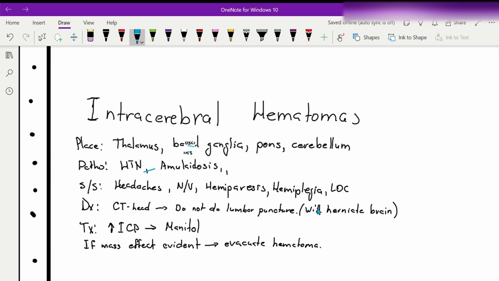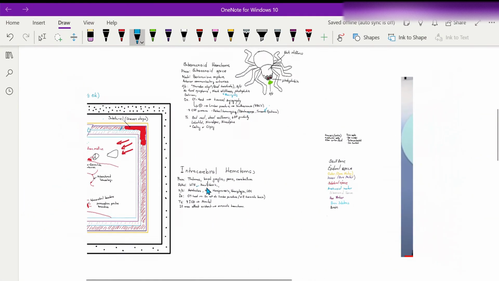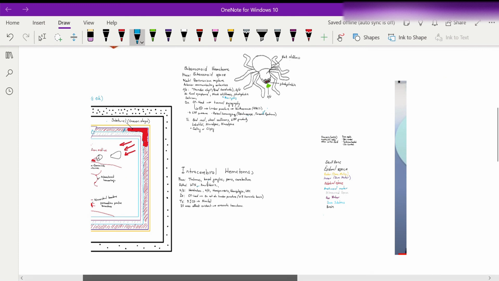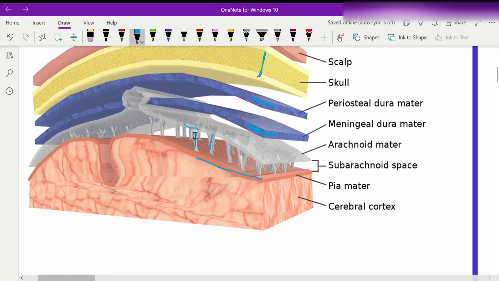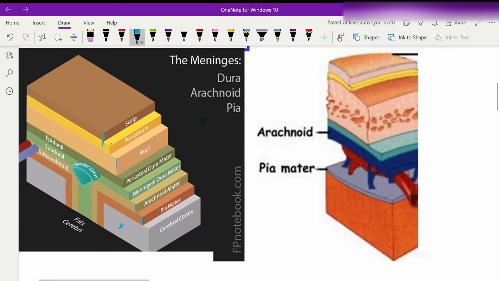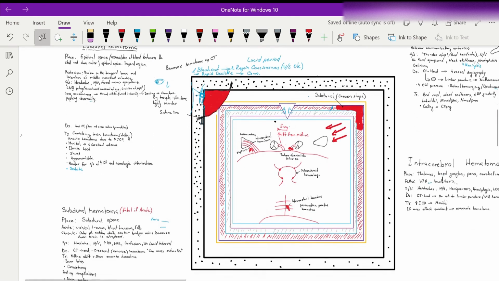If mass effect is evident, evacuate hematoma. So this is as much as I have for hematomas, and next I will be talking about treating intracranial pressure.